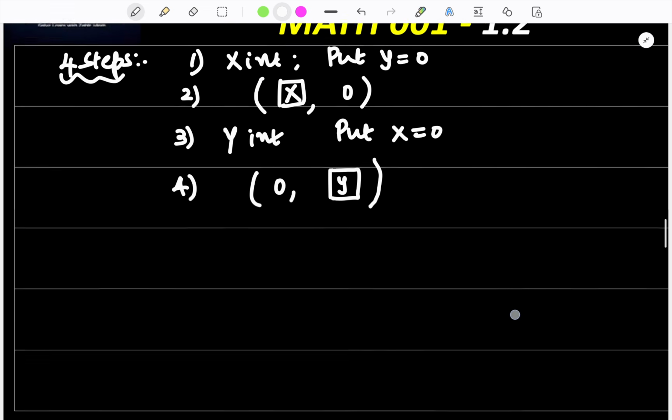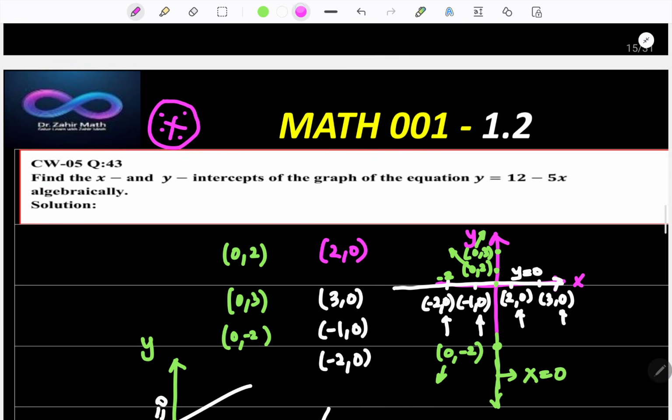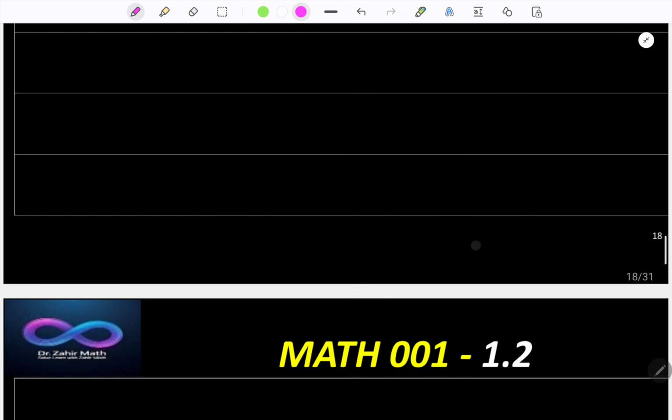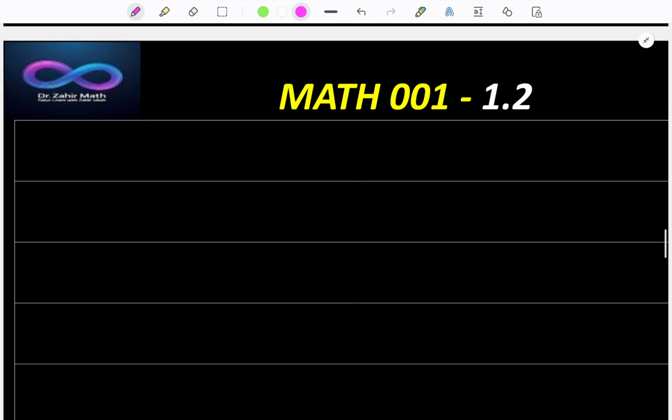Make sure. Now we are going to the question. Find the x and y-intercepts of the equation y equals 12 minus 5x. Look carefully.